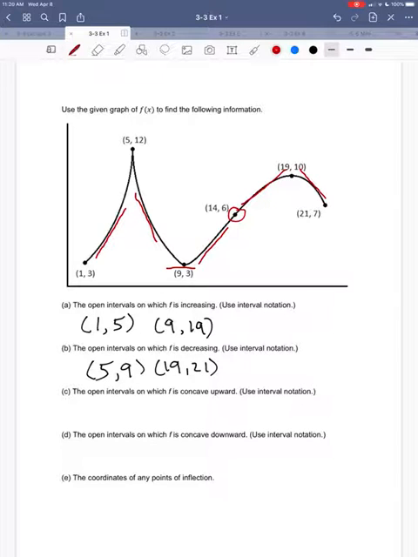Let's see, again we said concave up here from 1 to 5, and then from 5 to 14. And then it's going to be concave downward from 14 to 21.